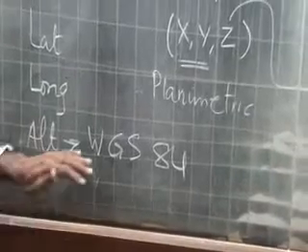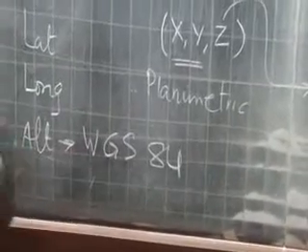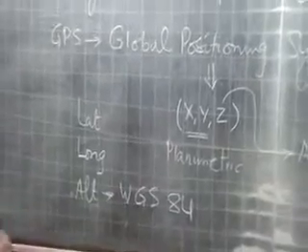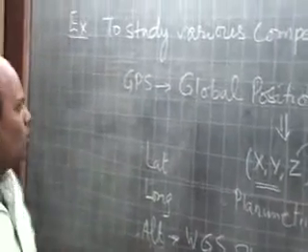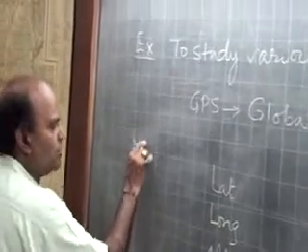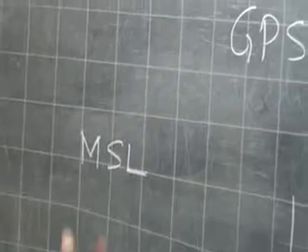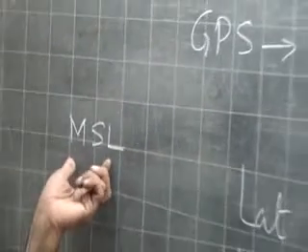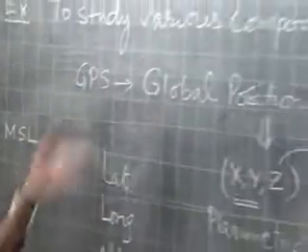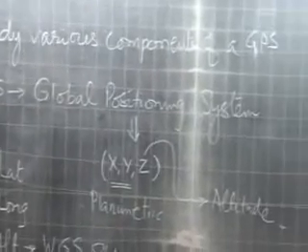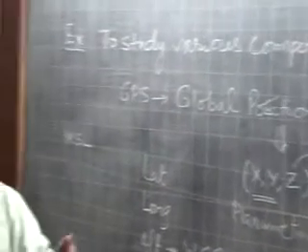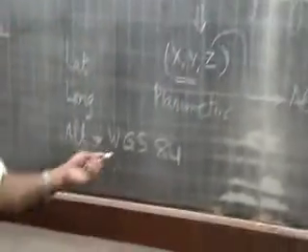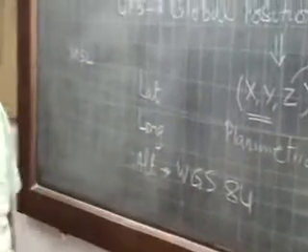So this World Geodetic System is a common datum for the whole world, while our topographic maps are based on mean sea level, and this mean sea level varies from country to country. So the biggest advantage of using this global positioning system is that it provides us the data on a common platform, at the WGS 84 reference datum.